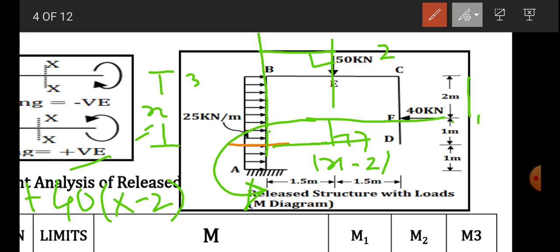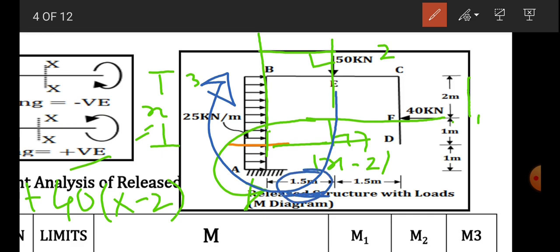This force is acting down, and if we rotate about the vertical, it will rotate in a clockwise sense. The lever arm will be 1.5, because it is given in the structure as 1.5 meter with respect to this vertical, and the rotation is clockwise. So the second moment will be minus 50 into 1.5. This is the value of the second moment, due to the second force of 50 kilonewton.